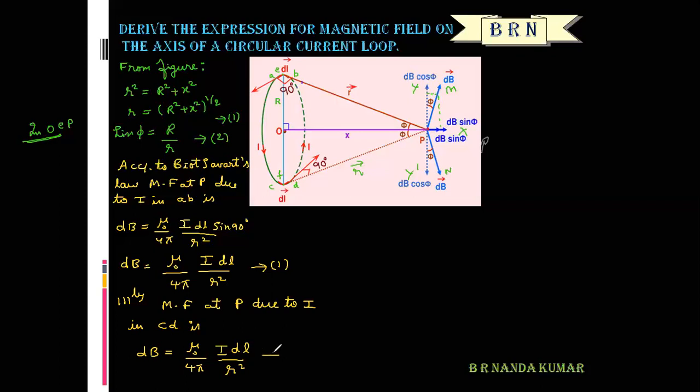So I dL divided by r square. Call this equation number 2. Okay.